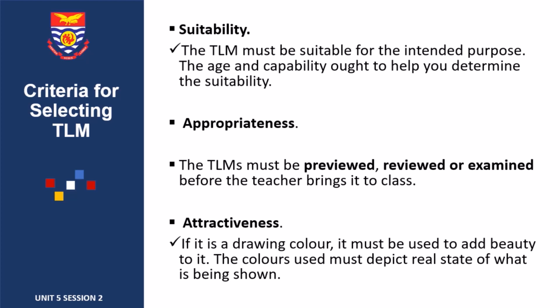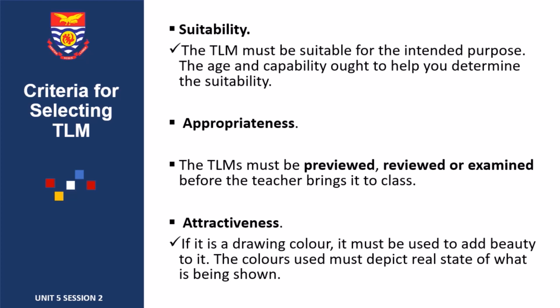The first one is suitability. How suitable is the material you are going to select? So I'm saying that the teaching and learning material must be suitable for the intended purpose. The purpose for which you are going to use the teaching and learning material, it must be suitable for it. So you have to check the age and capability.